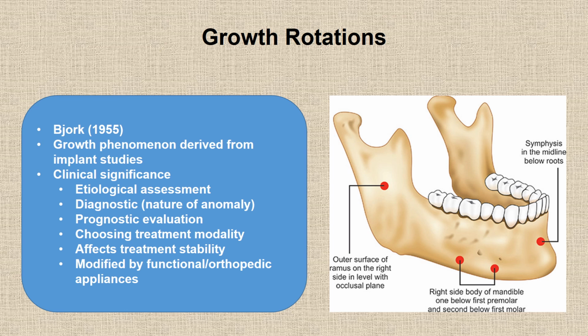It also has diagnostic significance, whereby it helps to elucidate the nature of the anomaly. There's a prognostic evaluation; it helps in choosing the treatment modality. It affects the treatment stability, and these growth rotations can be modified to a certain extent by functional or orthopedic appliances.